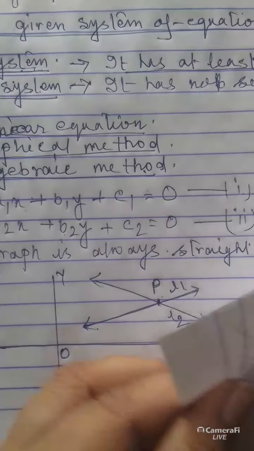Now case 2. What is case 2? This is a graph, this is the origin, x, x dash, y, y dash.